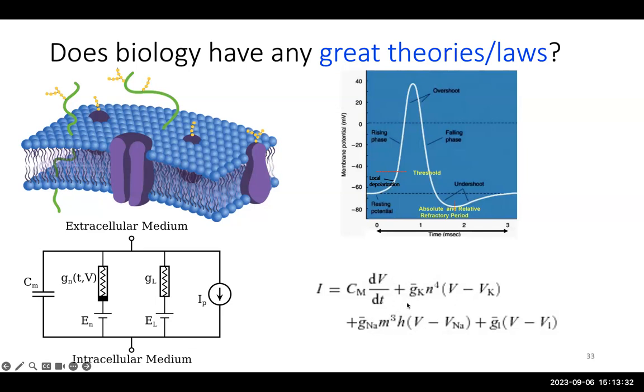This equation only considers two types of proteins embedded on the membrane. One is the sodium ion channel, one is the potassium ion channel. Those are both selective ion channels. One only lets the sodium in, the other only lets the potassium in. But they have different dynamics. One is faster, one is slower. And because they are mismatched, when they open and close, they will collectively form this kind of electrical pulse.